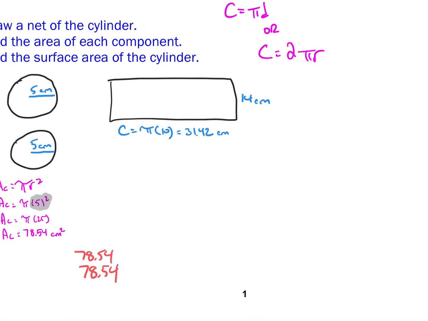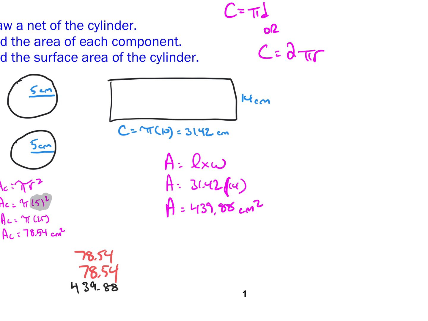So the area of the rectangle is length times width. 31.42 times 14. 439.88. Yep. Which gives us 439.88 centimeters squared. And to no one's surprise, we're going to put that down here too. 439.88.